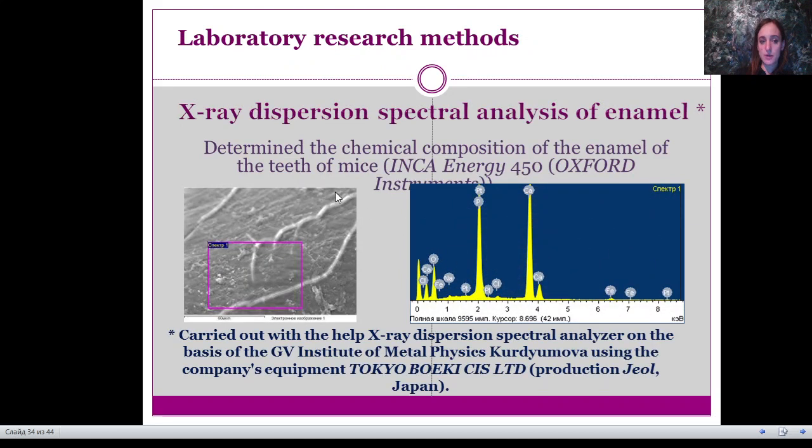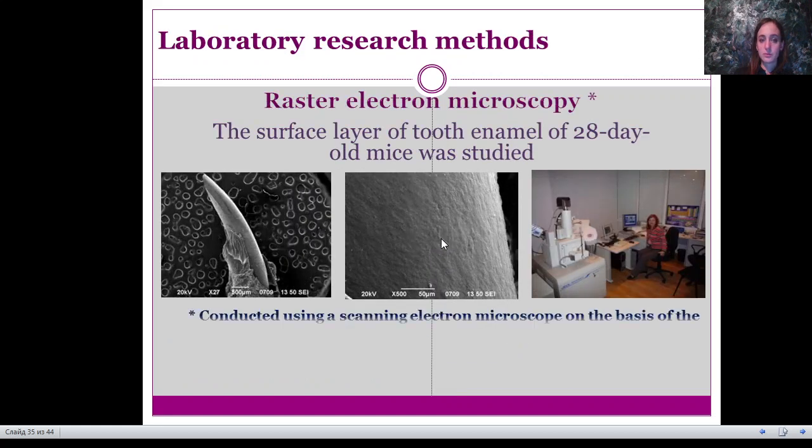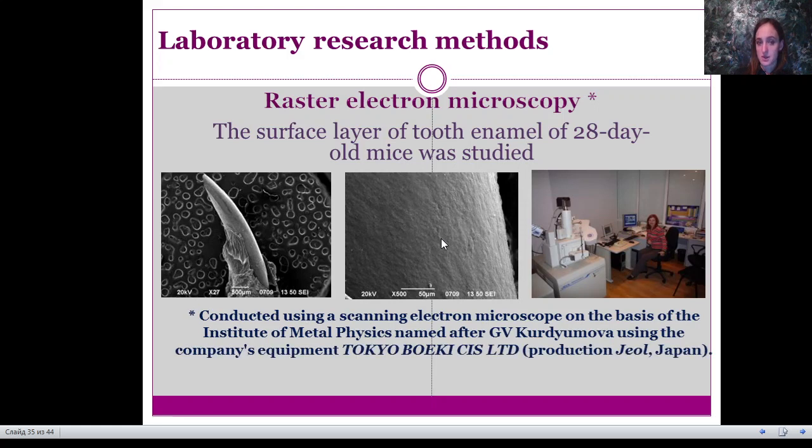And of course, X-ray dispersion spectral analysis of enamel. So you can see E450 and raster electron microscopy, and we can see such pictures.